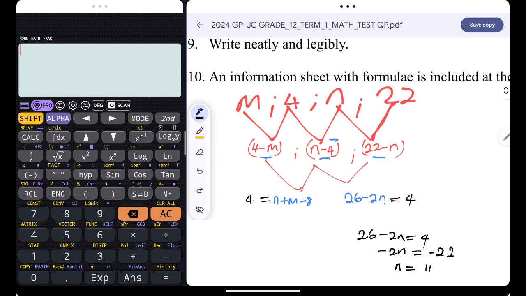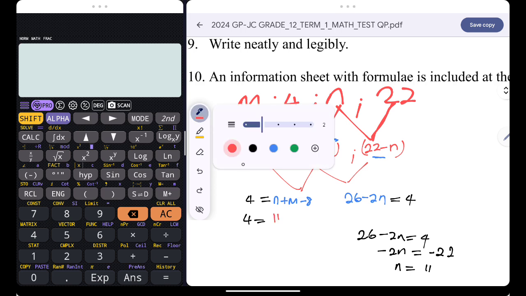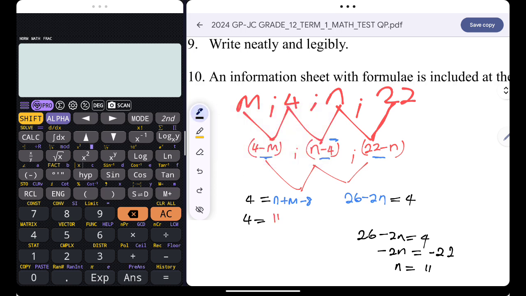And then I must go and find m. I have 4 minus, remember that n is equal to 11. The only unknown that I have is m. So on the right hand side, I'll be left with 11 minus 8.